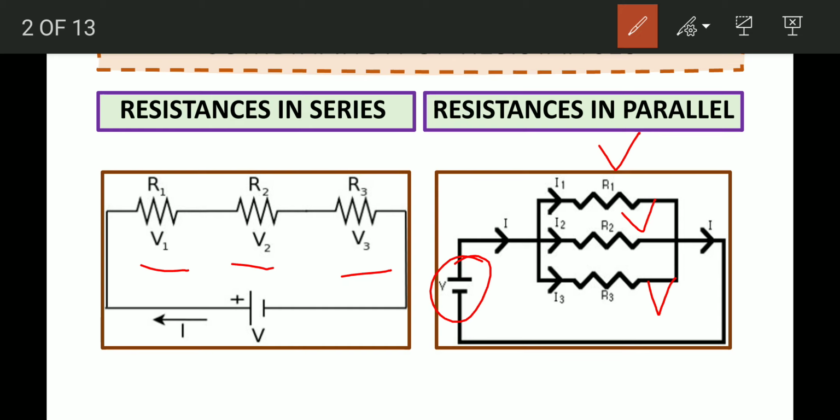In parallel combination, current distribution takes place. Hence, parallel combination is generally preferred over series combination because of these two reasons. First being, the voltage across every resistance or every conductor remains the same, and secondly, the equivalent resistance is less than the value of individual resistances.